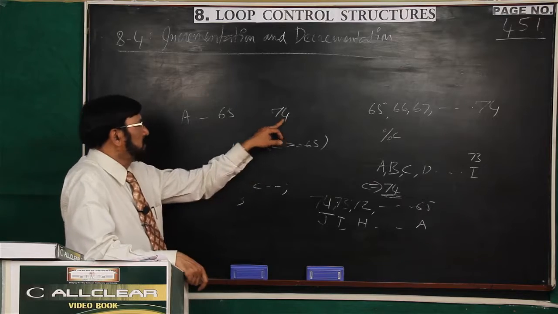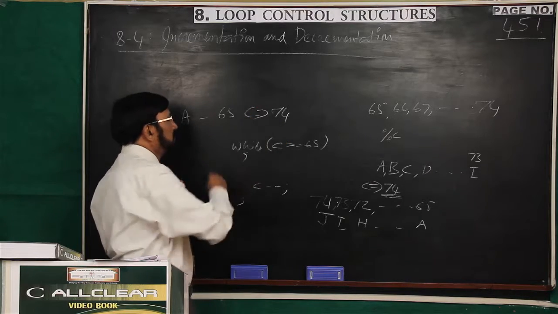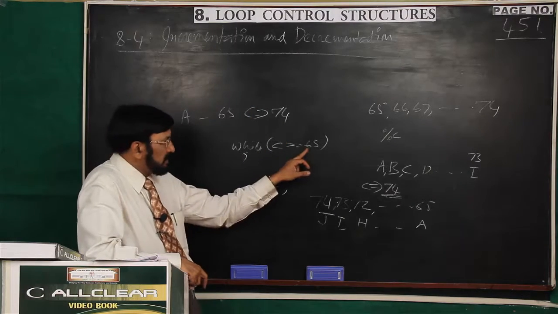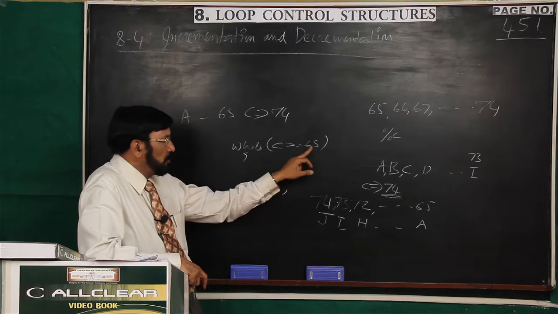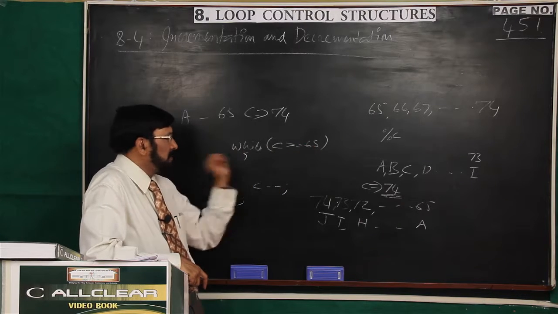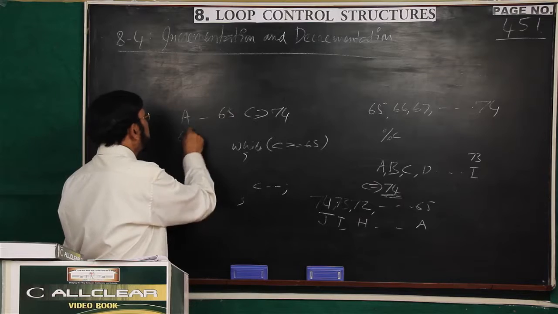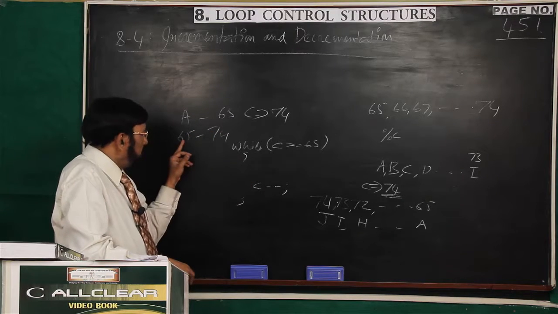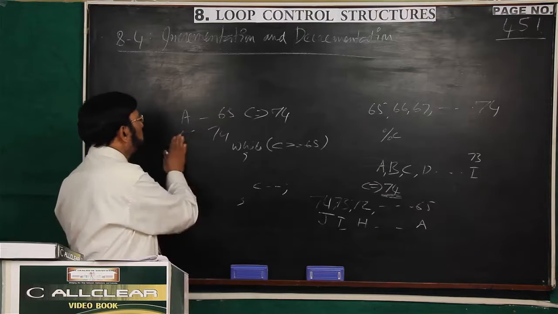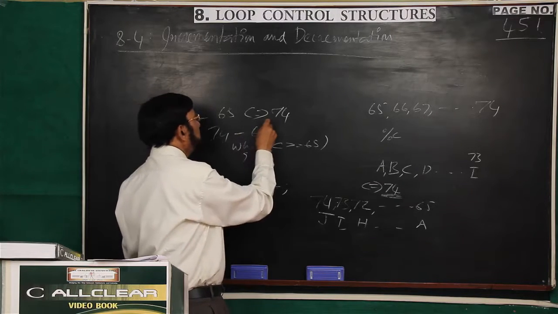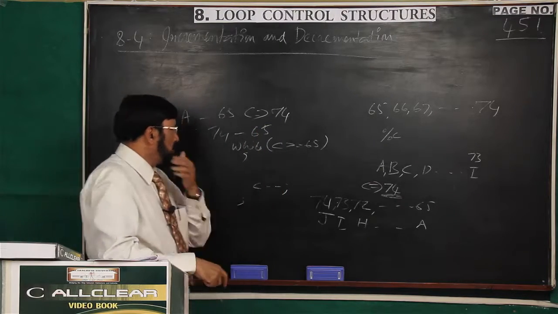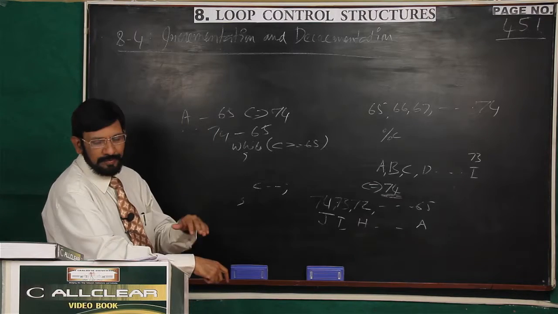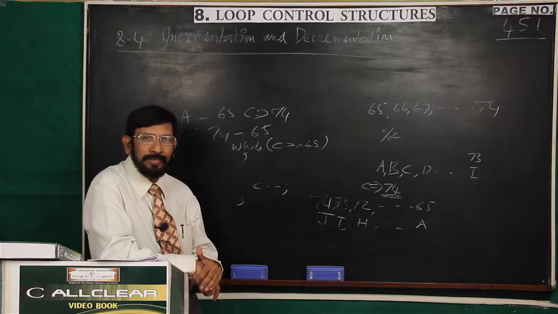So c's value is 74 and here the test condition defines up to greater than or equal to 65. What do you mean by that? You want to write the values 74 to 65 in character format. That's why J to A are printed.